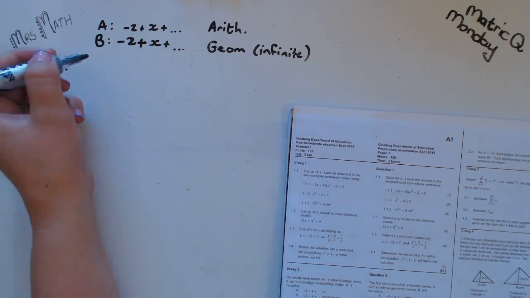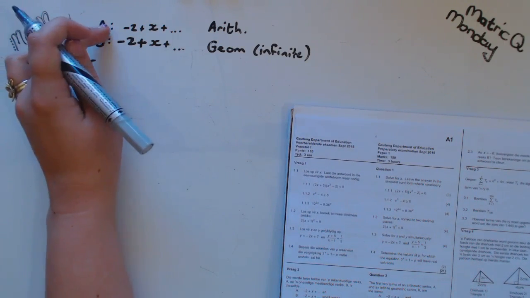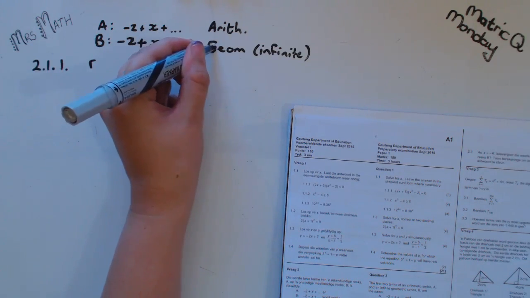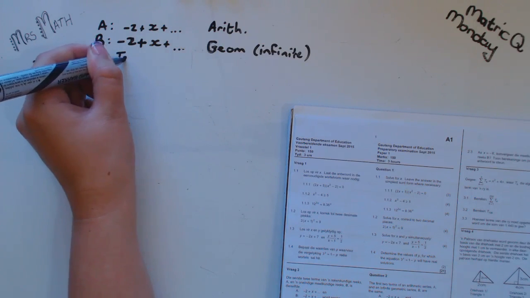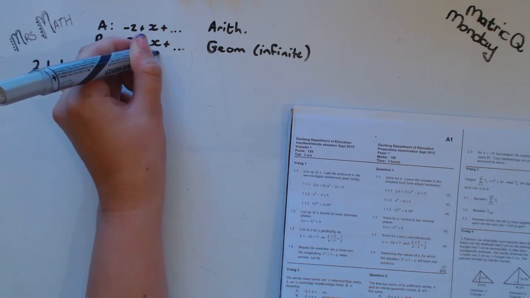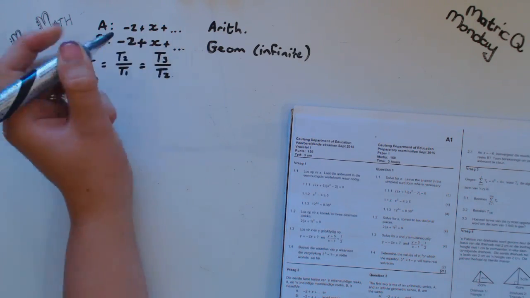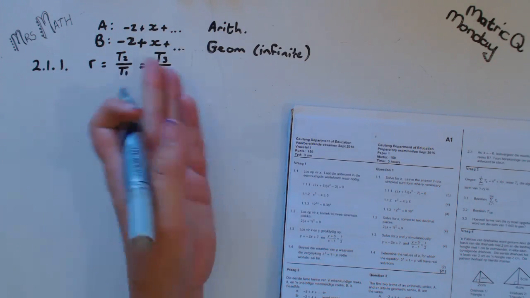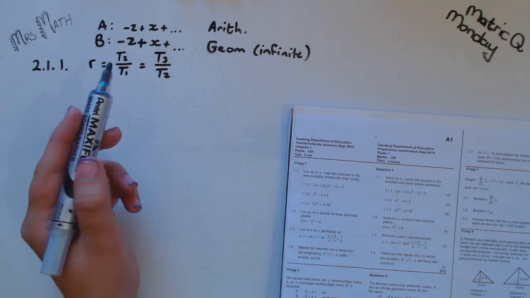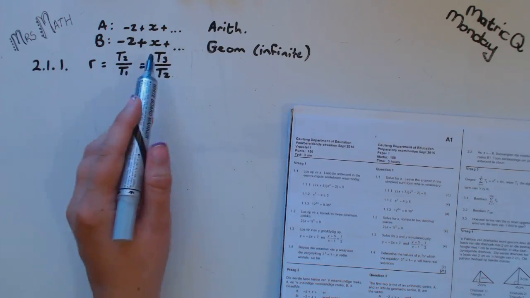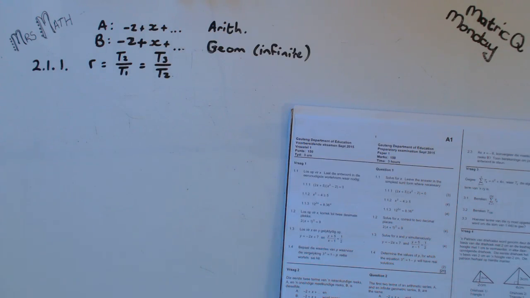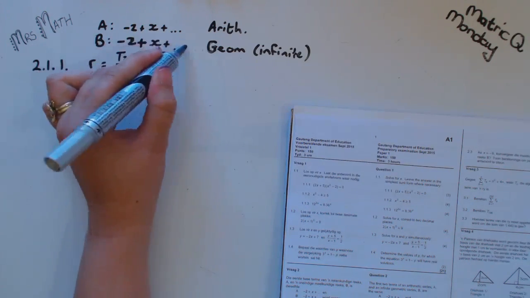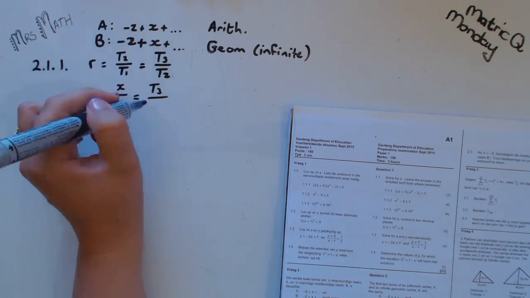Now there's one of two options you can do here. You can use the fact that the constant ratio for a geometric series is equal to term 2 divided by term 1, but it's also equal to term 3 divided by term 2, and actually any term divided by its previous term. I've got 1, 2, and 3, so I can just substitute. My second term is x, my first term is minus 2, my third term I want to work out, my second term is x.